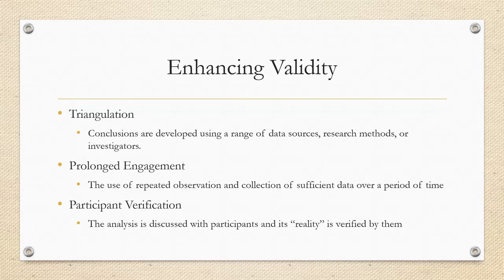So the original participants that you talked with, the original administrators, the original domain experts, whoever you got this picture from. You take it back to them and you tell them about what you think you see. And they tell you whether you got it right or not. So they can tell you, well, yeah, maybe I wanted a little bit more grammar, but I don't want that to be the whole class. And so you can actually refine your picture of what you are identifying from your needs analysis through checking it again with those participants.